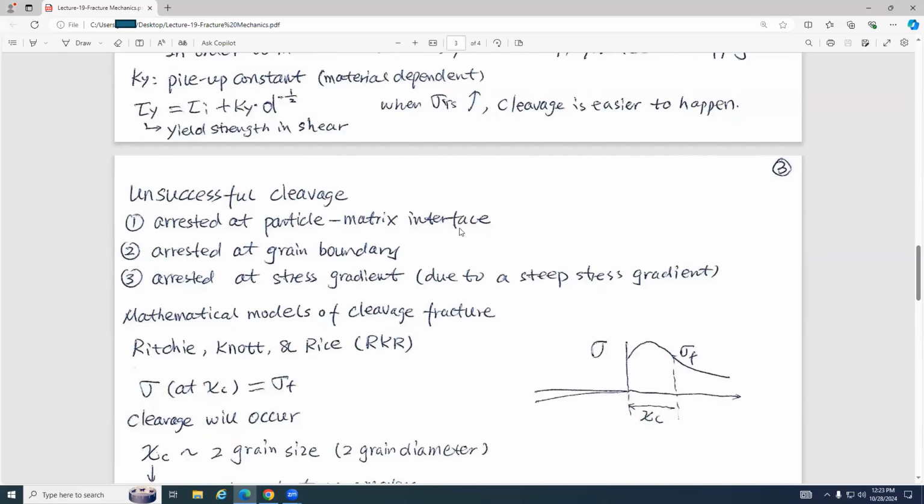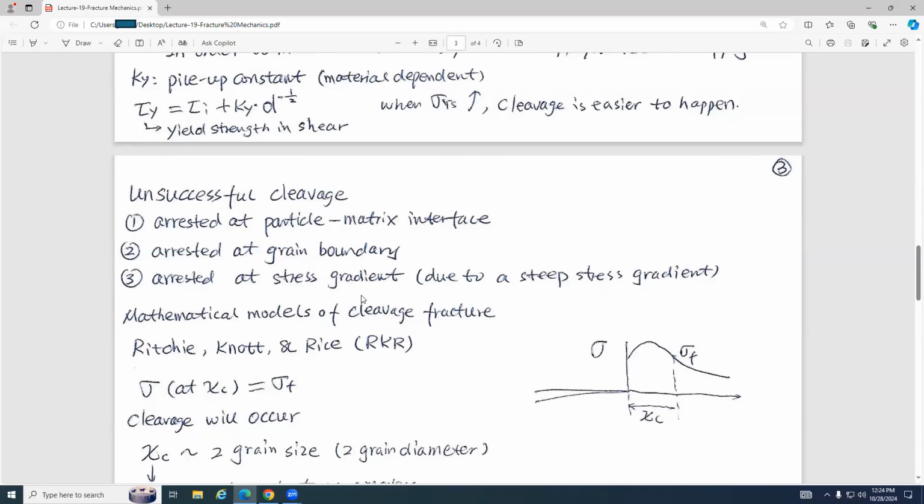The matrix is the major material, and the particles are just some particles in it. The second is arrested at the grain boundary. At this time the crack cannot go through because the energy is not high enough. The third is arrested at a stress gradient, due to a steep stress gradient.